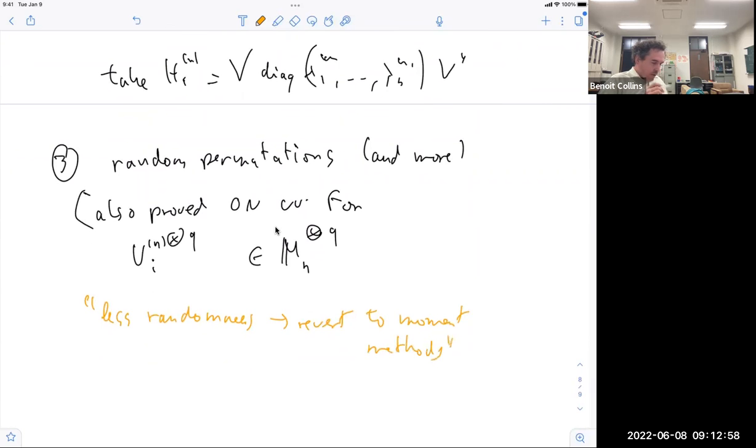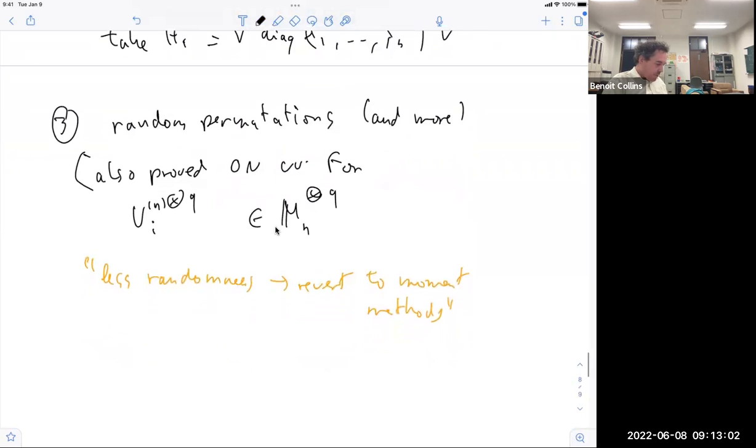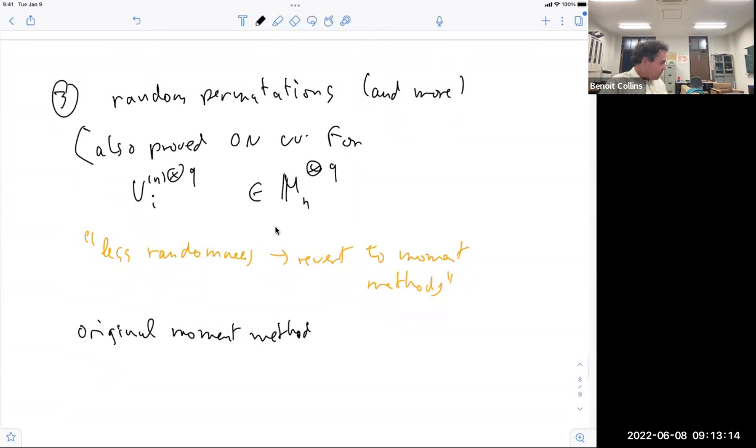So originally, what is the moment method? The original moment method goes as follows. I think this was developed by Füredi and Komlós.